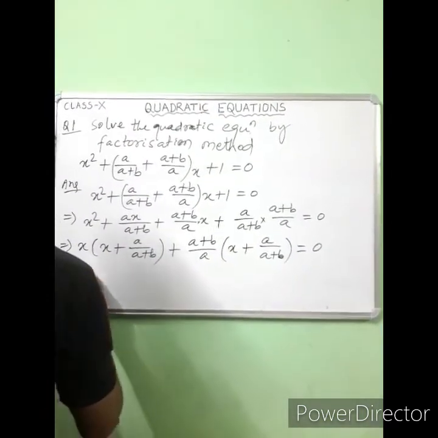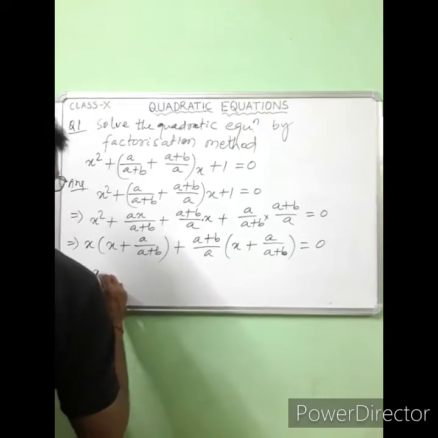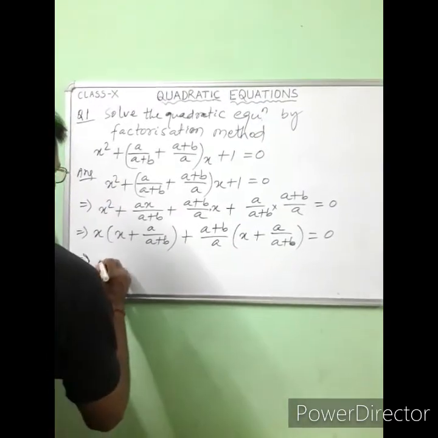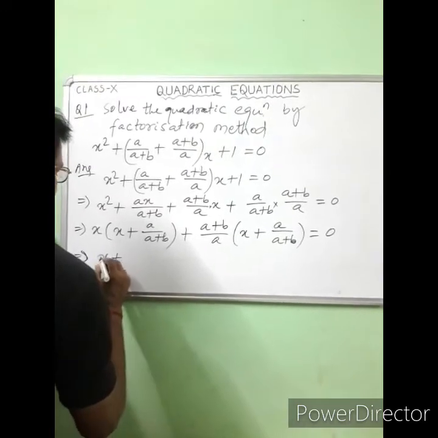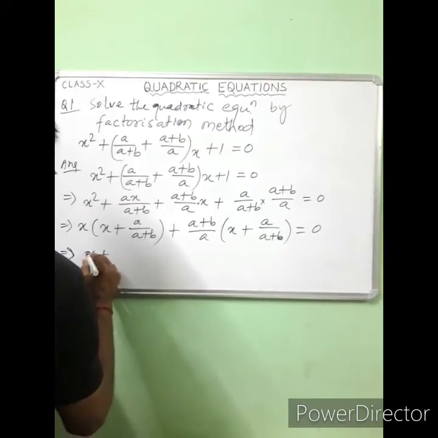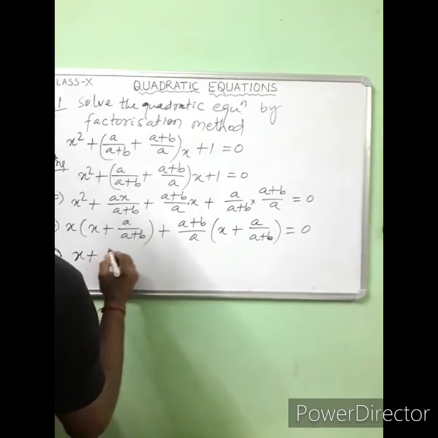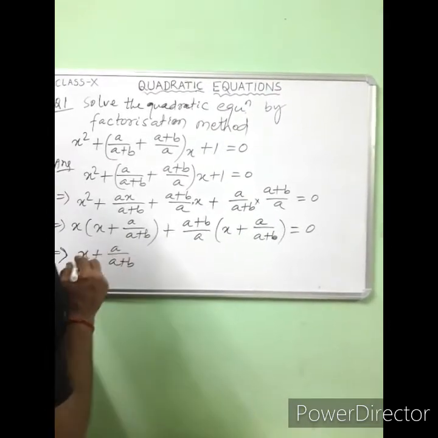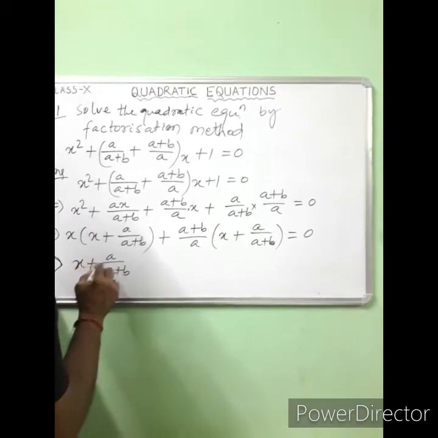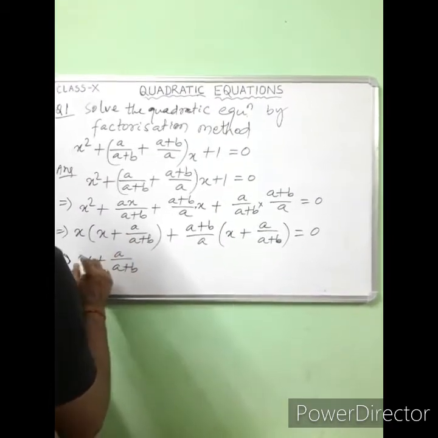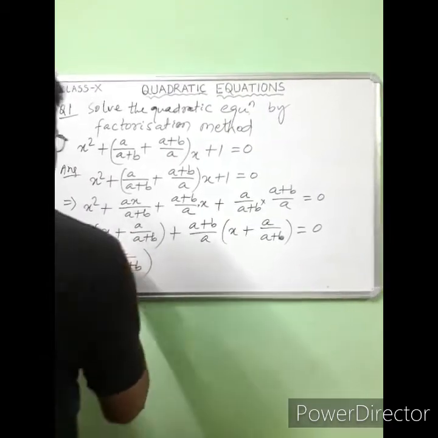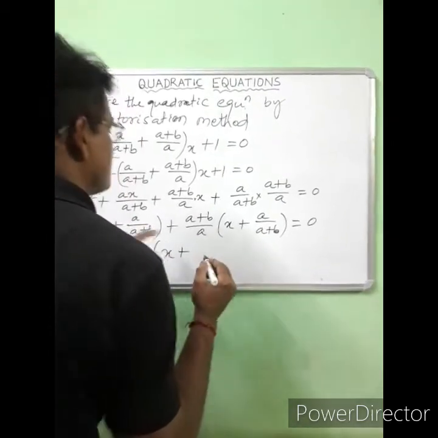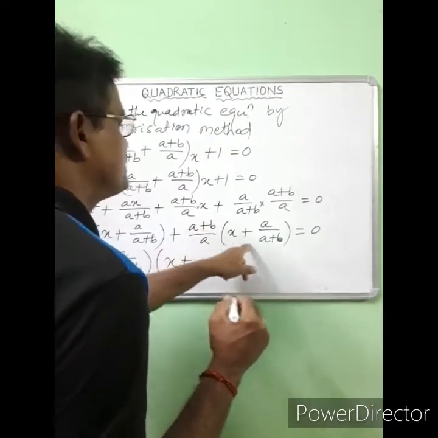The remaining is x plus a plus b by a, since that was taken common.